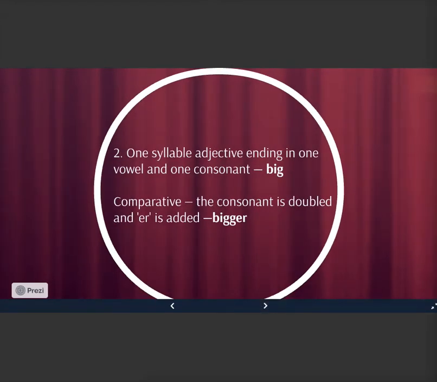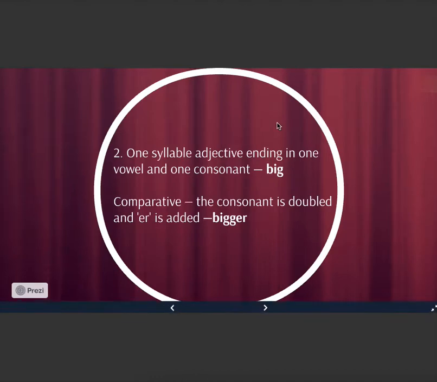Next rule. Pachito, can you please help me reading this slide, baby? One syllable adjective ending in one vowel and one consonant, big. Comparative, the consonant is doubled and er is added, bigger. Ok, so look at this, once again. La regla general, ¿cuál es? Que si tienes un adjetivo de una sola sílaba, tienes que poner er al final, ¿sí o no? Listo, de esa regla se desprenden otras. La primera, si el adjetivo te terminó en e, pues ya solo le pones la r.